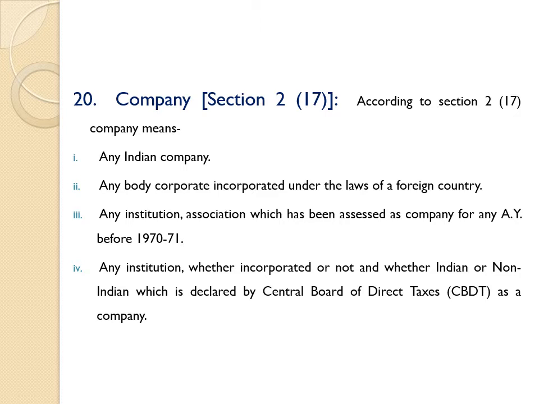Number two, company means any body corporate incorporated outside India, that is, a foreign country. Any institution or association assessed as a company before 1970-71, or any institution or incorporation, whether Indian or non-Indian, declared by CBDT as a company.